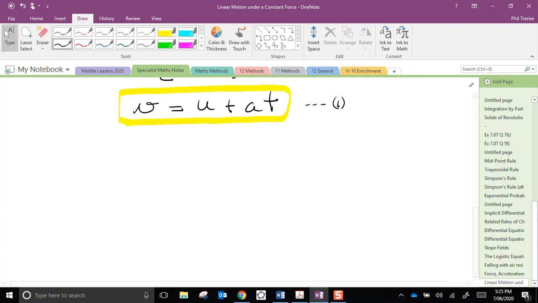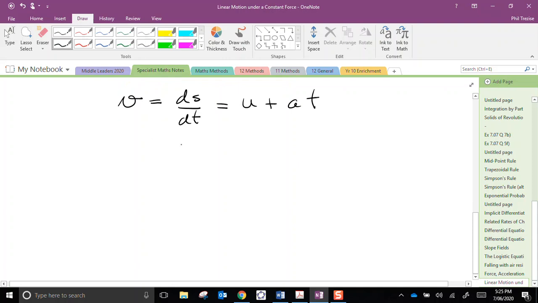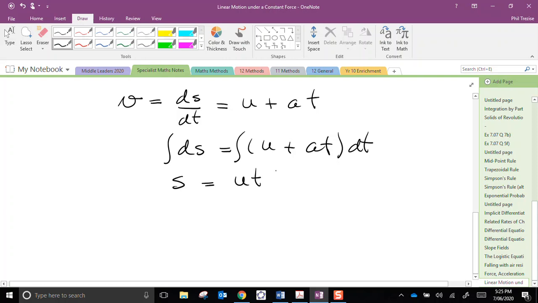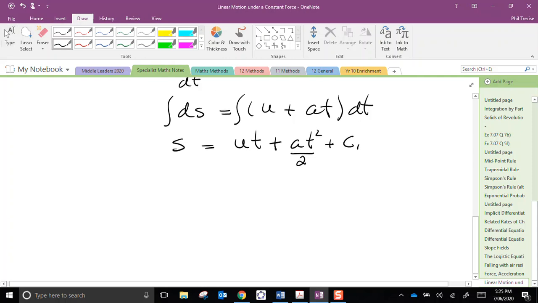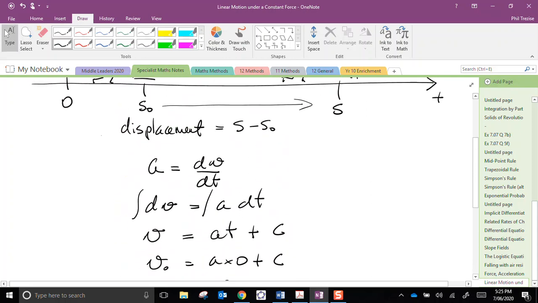Now, how do we go about displacement? Well, we know that velocity is the rate at which the position changes. Separating out here, I'd have ds equals (u plus a times t) dt, integrating both sides, s equals ut plus a times t squared over 2 plus some new constant of integration. Once again, I'll evaluate from the initial conditions.